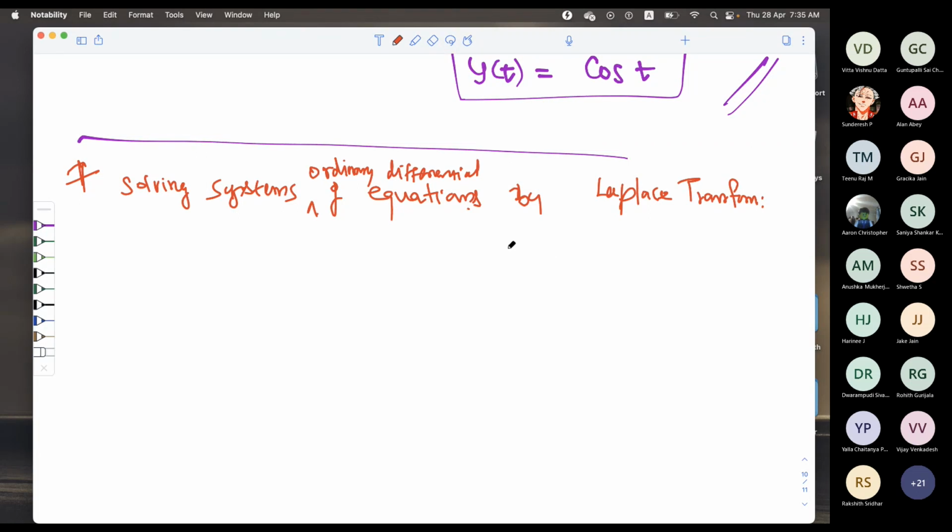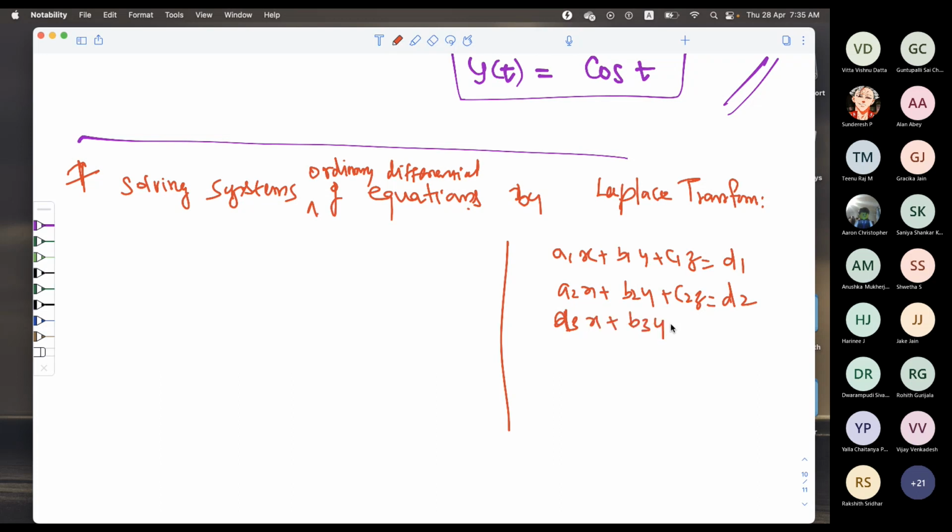In general, suppose I have equations in this format: a1x plus b1y plus c1z equals d1, a2x plus b2y plus c2z equals d2, then a3x plus b3y plus c3z equals d3.